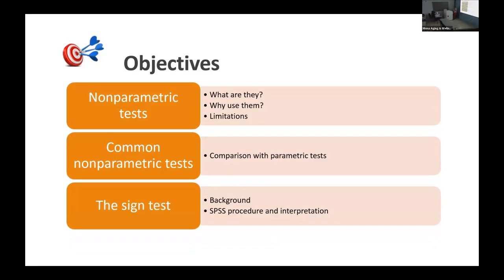And then the final thing we hope to cover today is the first non-parametric test in the series, the sign test. We'll look at a little bit of the background, and then we'll use our SPSS software to generate and interpret the output associated with that test.